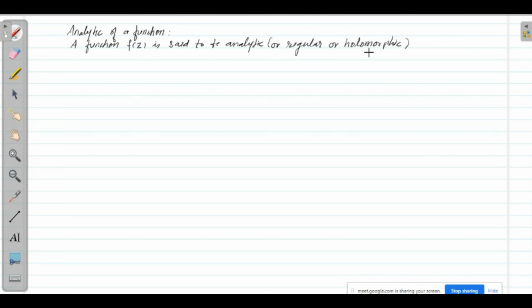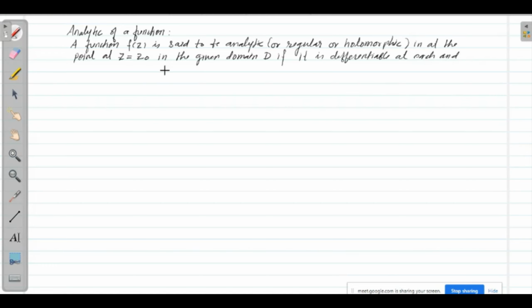Okay, so these are the names for an analytic function. A function f of z is said to be analytic at the point z equal to z naught in the given domain D if it is differentiable at each and every point in the neighborhood of z. So what is the definition of an analytic function?